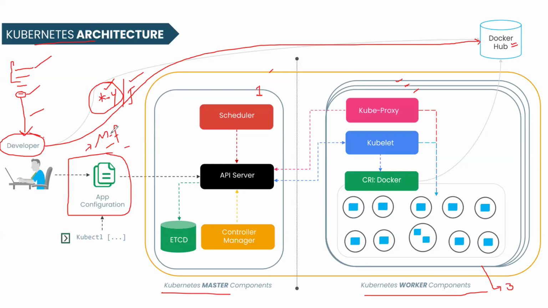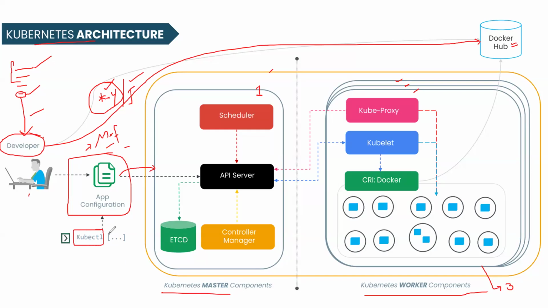So once the manifest file is ready, we have to submit it to the Kubernetes master. How can we interact with Kubernetes? As a developer, we interact with the Kubernetes master by using a command line utility called kubectl. So kubectl is a command line utility.